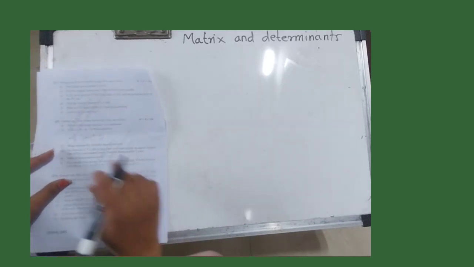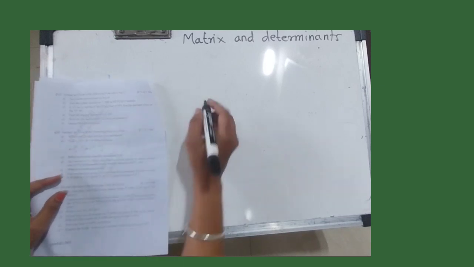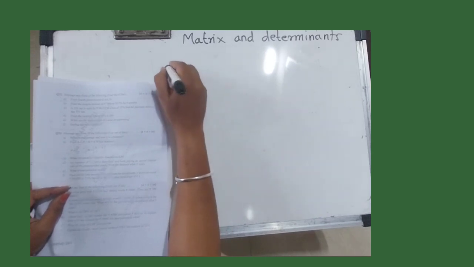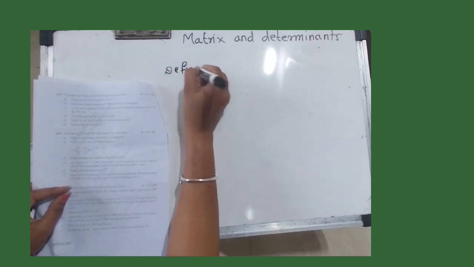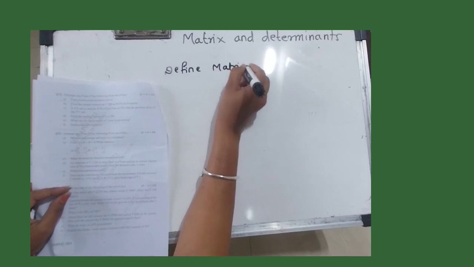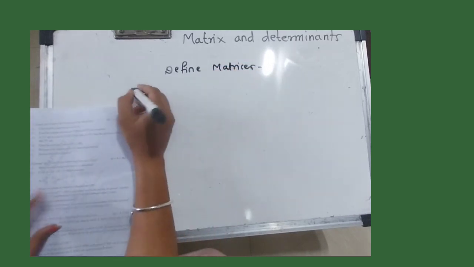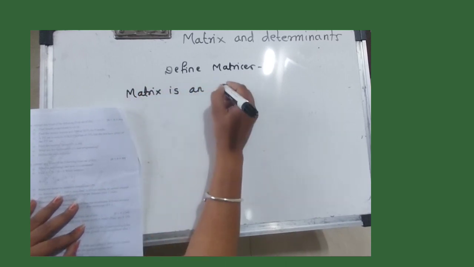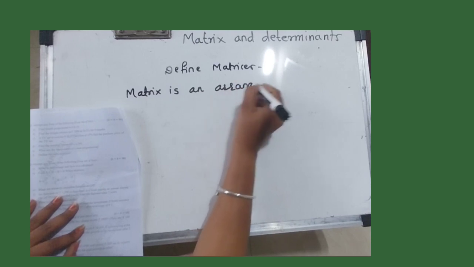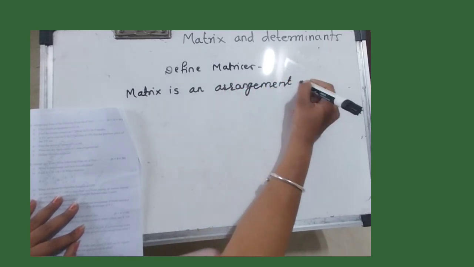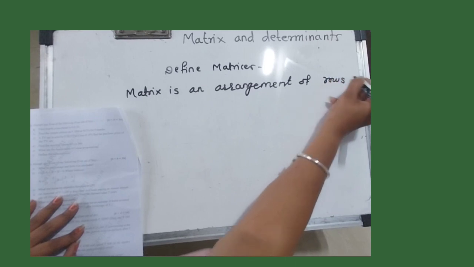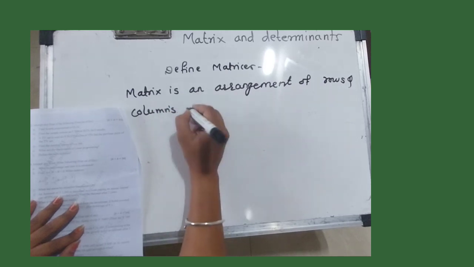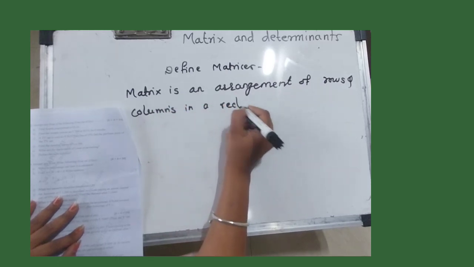Next question is define the term matrices. It is for 4 marks. So define the term matrices. What do we have to write here? A matrix is an arrangement of rows and columns in a rectangular bracket.